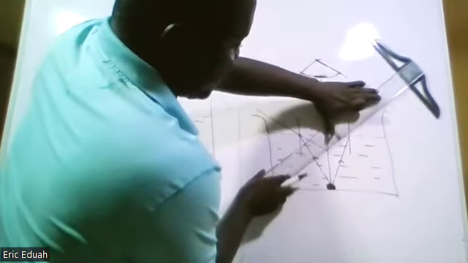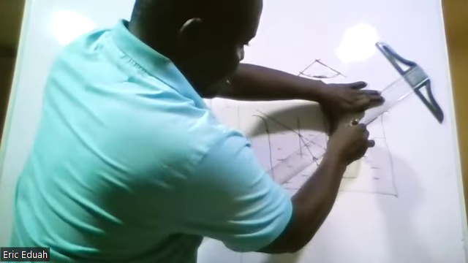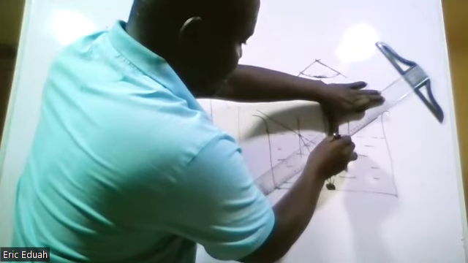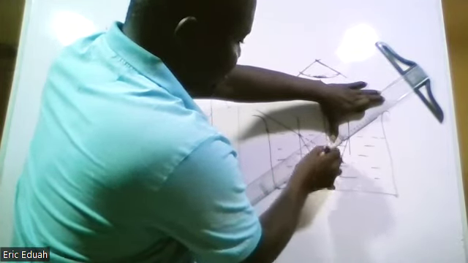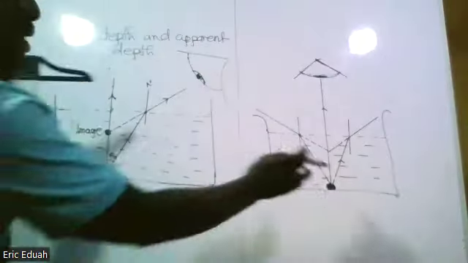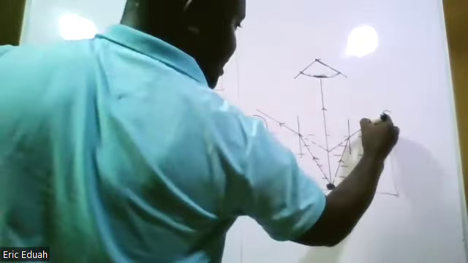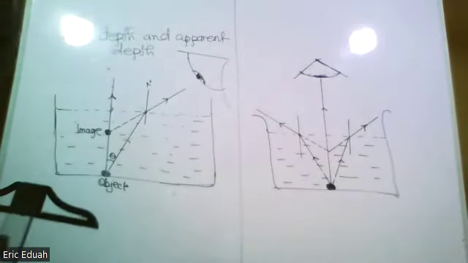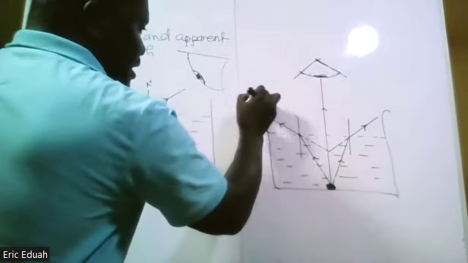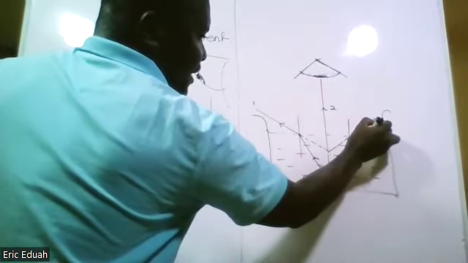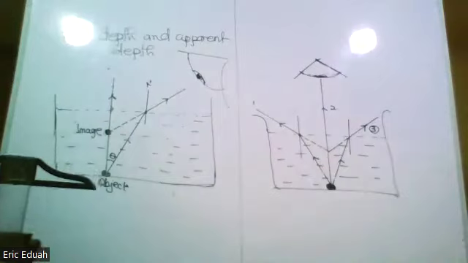This one would also deviate away from the normal. They will deviate away because the light is coming from water to air. So this is the refracted ray. This is the refracted ray. And as you can see, 1, 2, 3 refracted rays are never meeting.